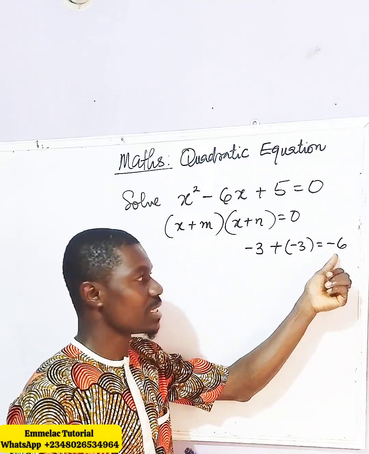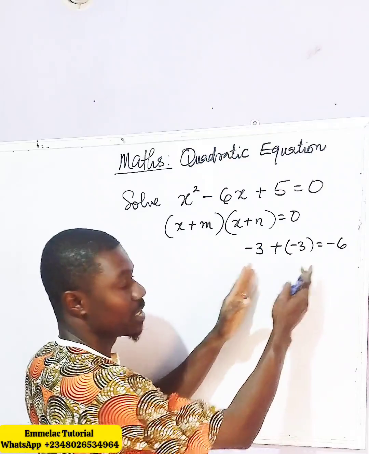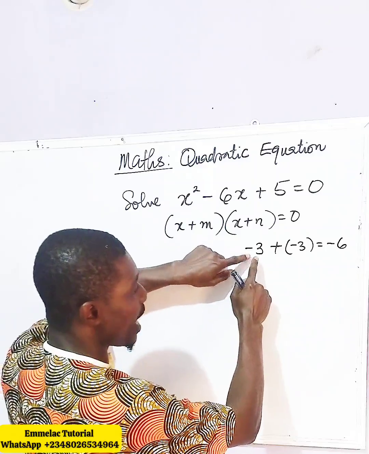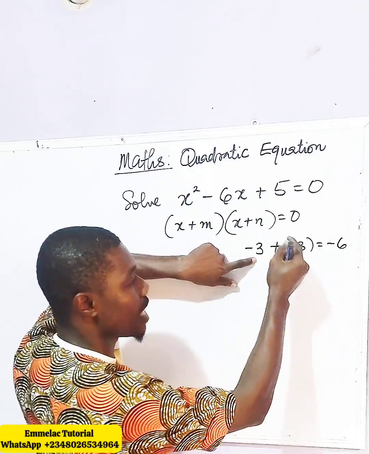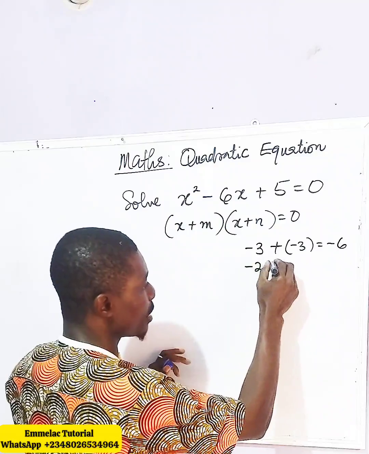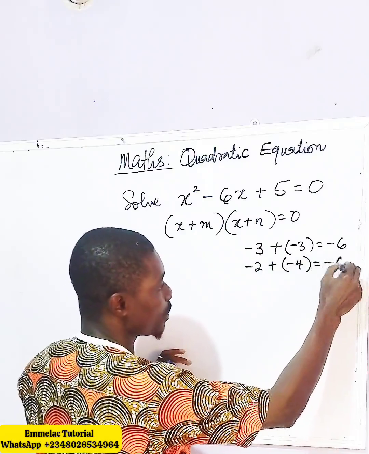Negative 6. Now, if I decide to adjust these terms evenly, which means I add 1 to negative 3, and that same 1 I subtract from the other negative 3, we end up having negative 2 plus negative 4. Take note, it will give us what? Negative 6.